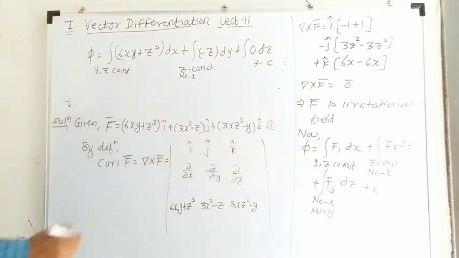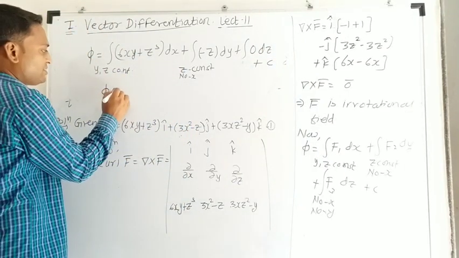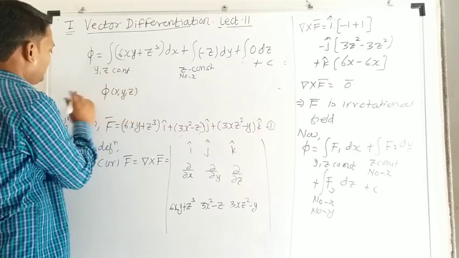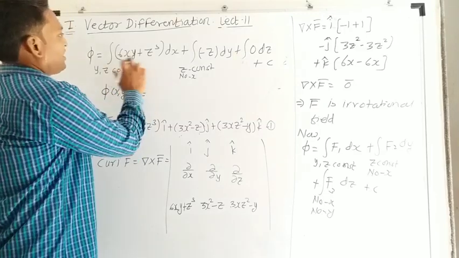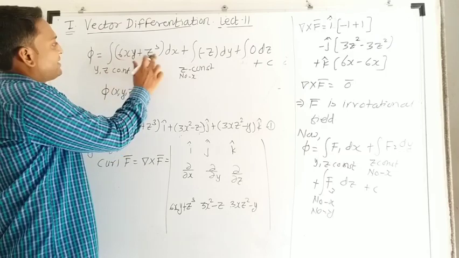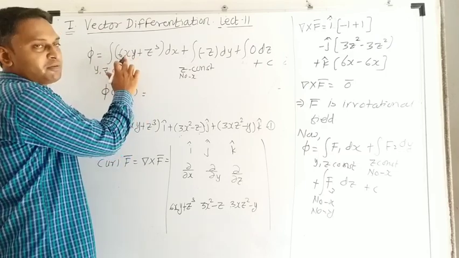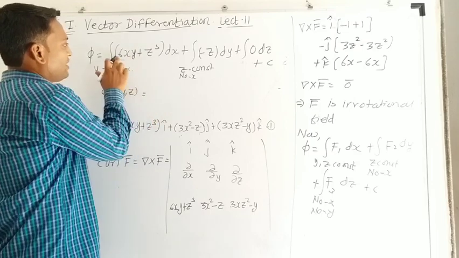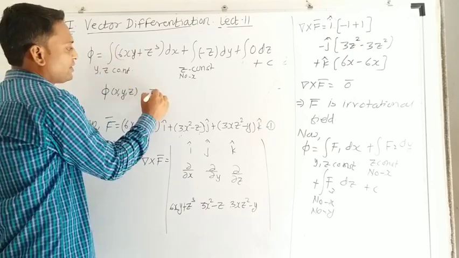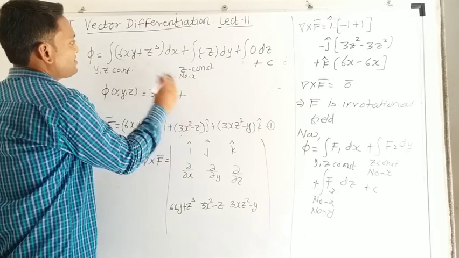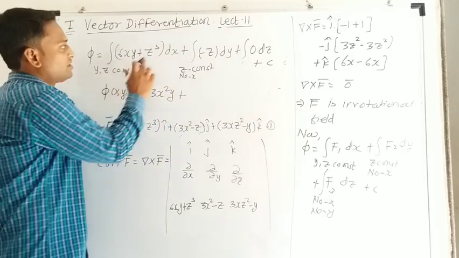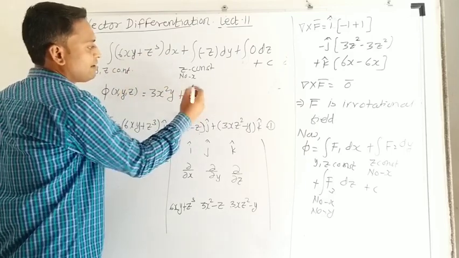Now just complete the integration, you'll get your required function phi of x, y, z, the scalar potential. Integration of this with respect to x, with y and z as constant: 6y is constant, integration of x is x square by 2, so x square by 2 into 6 will be 3x square y. Second term, z is also constant, so z cube will come outside the integration.